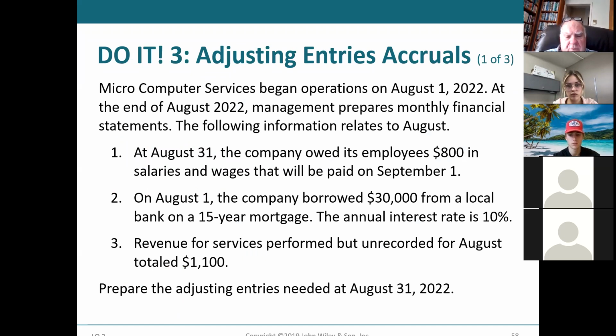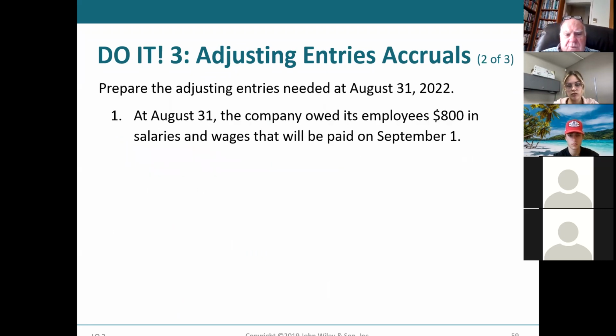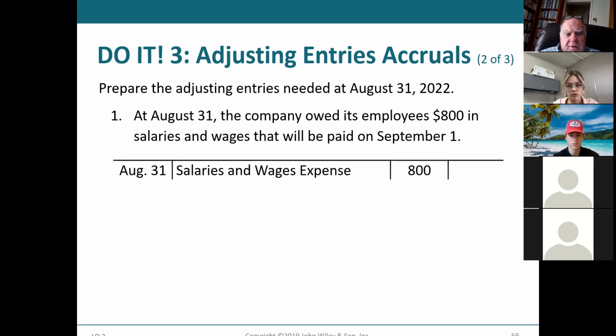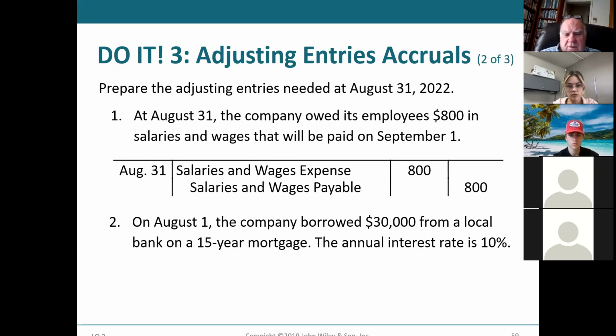And then we did some revenue for services performed but unrecorded. So these are your three basic accrual entries. We owed the employees $800 at the end of the month, but that was work they did in September. They're not going to get paid until the end of September, rather October.